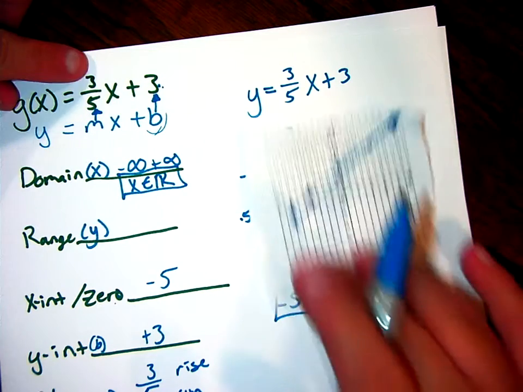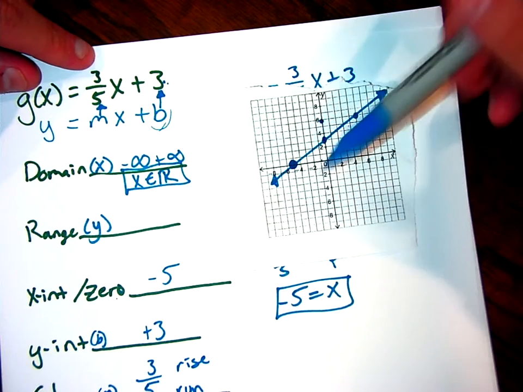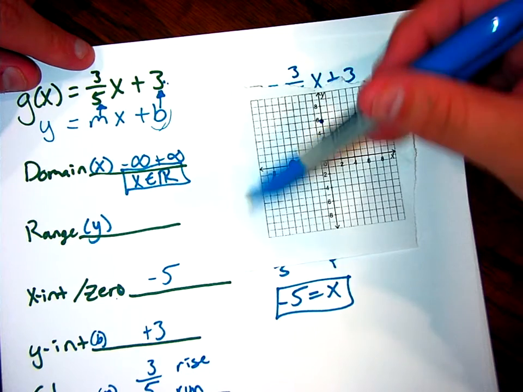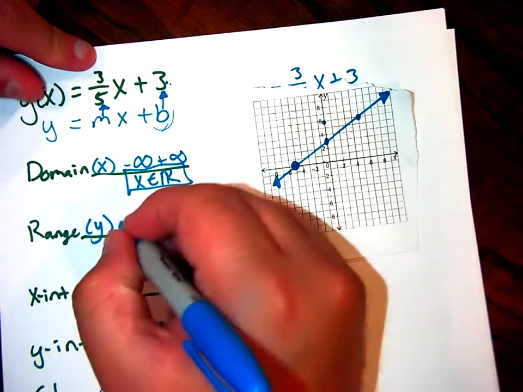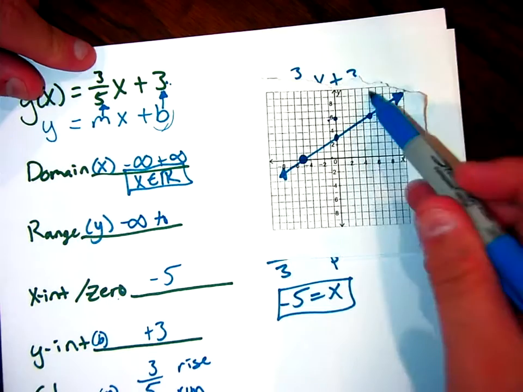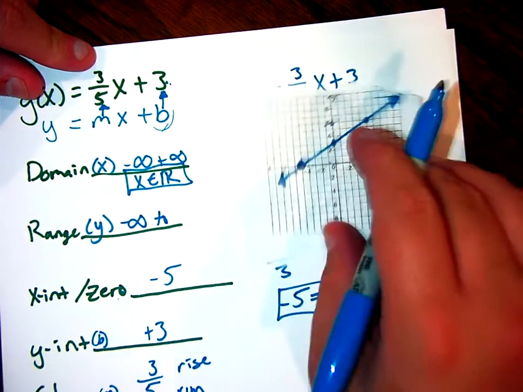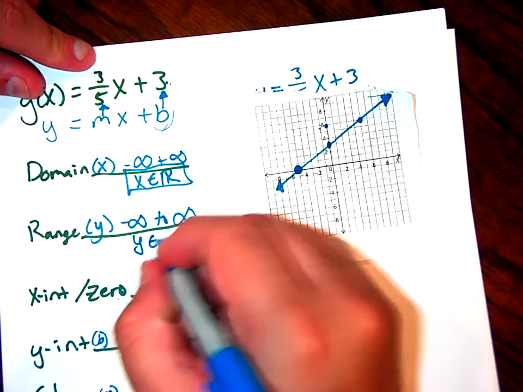All right, now let's look at y. How far down is this thing going to go? It's going to go to the left and down forever and ever. So it's always going to be going down, so negative infinity, to how far up? It's going to go up and right, so to positive infinity, or y is an element of all real numbers.